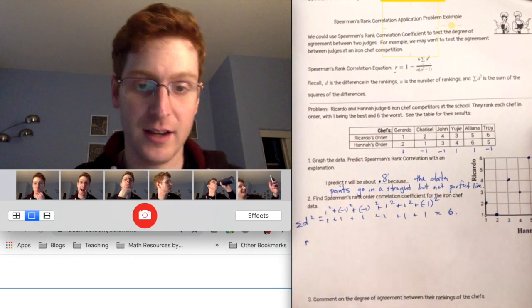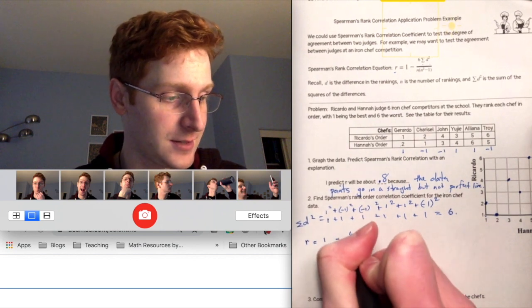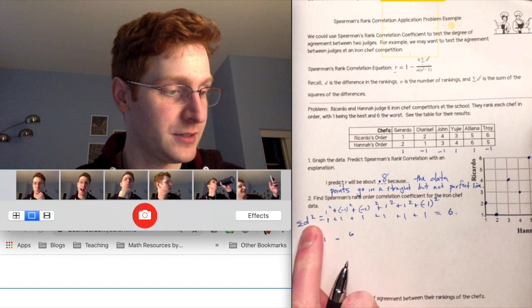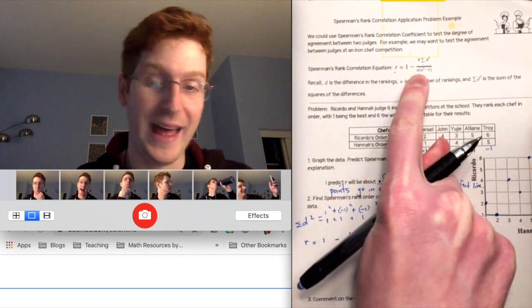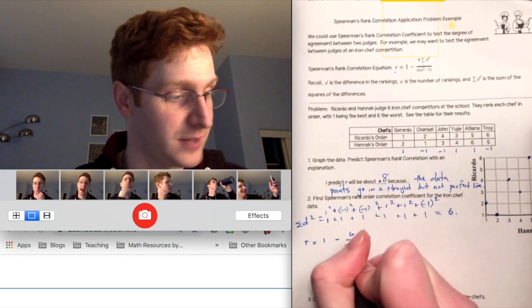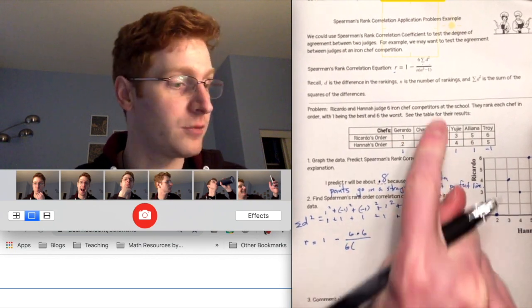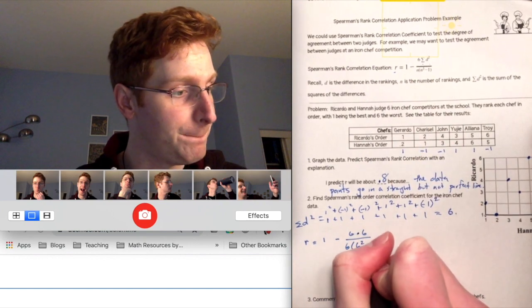The rank correlation is 1 minus 6 times the sum of the differences squared, and that was 6, all over n, which is the number of rankings, in this case 6, times the number of rankings squared, so I have 6 squared minus 1.